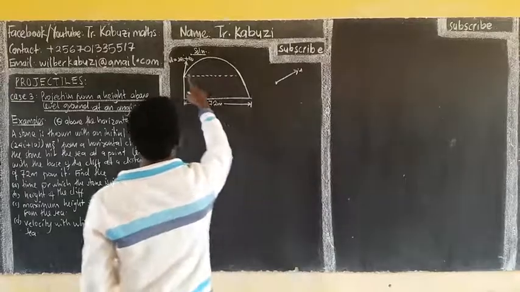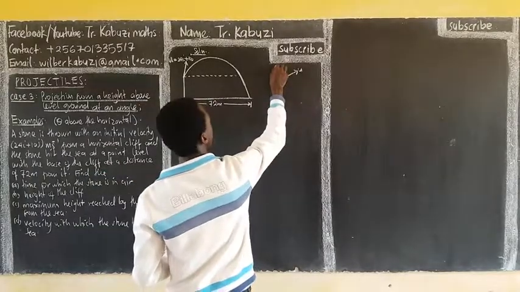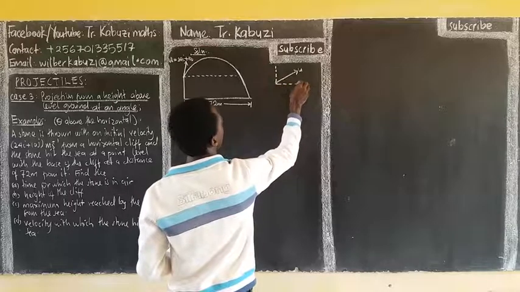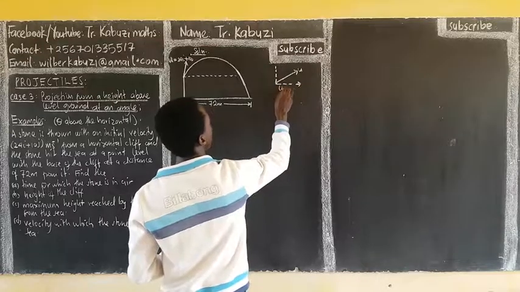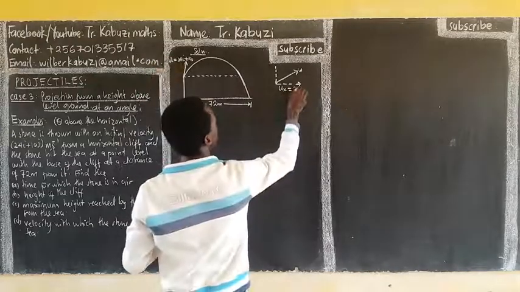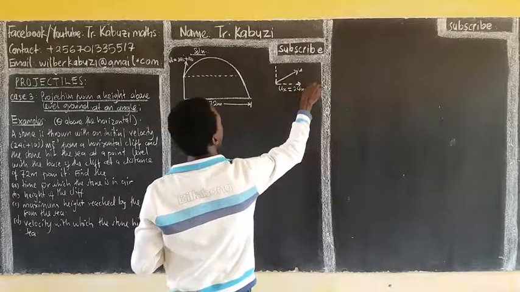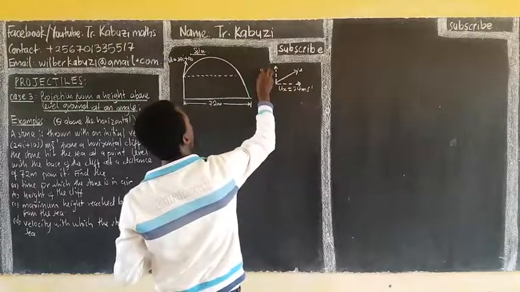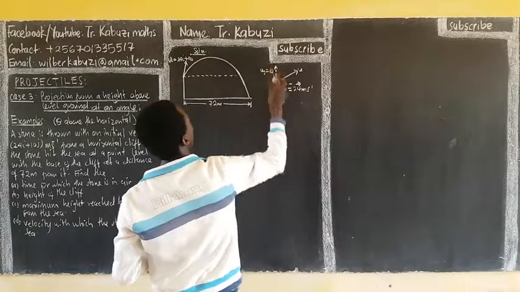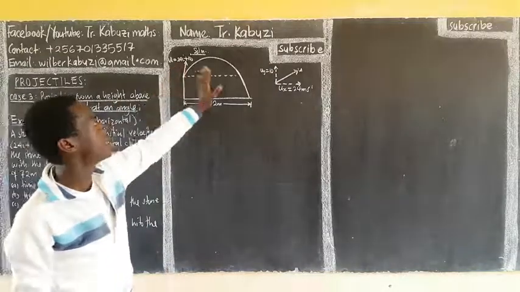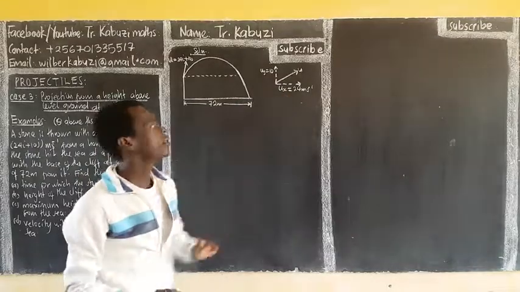So what you do is resolve it upwards and also horizontally. So our Ux is the i, which is 24 meters per second. Then the j is our Uy, equal to 10 meters per second. The moment they give you the i and j, that's the basic you have to use there.